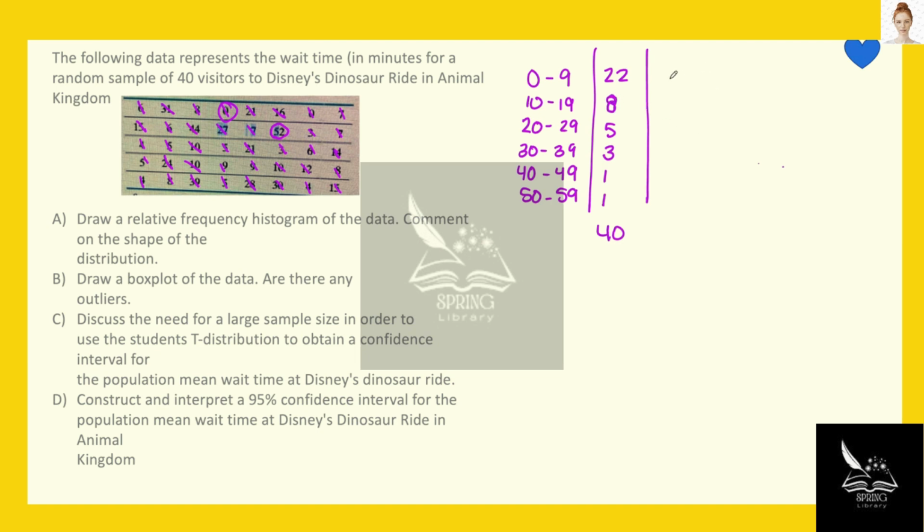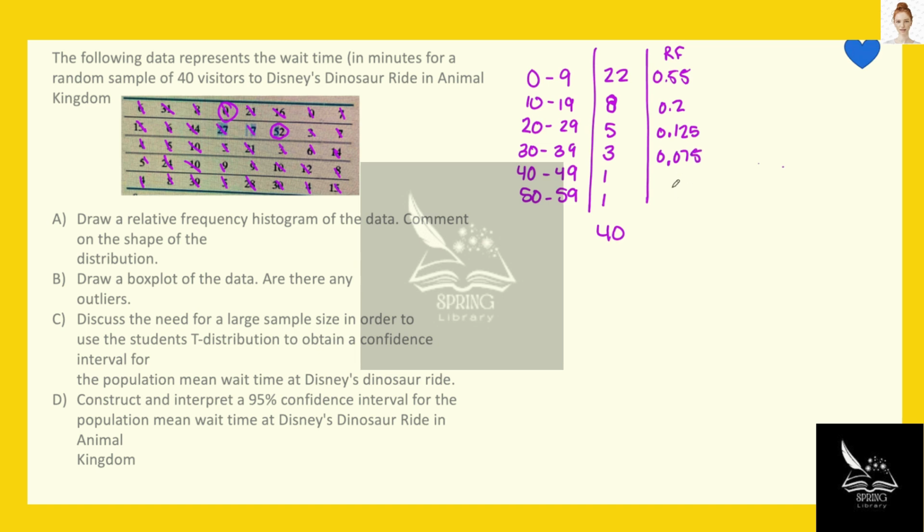All right, so 22 out of 40 is 0.55. Then we have 8 out of 40, which would be 0.2. 5 out of 40 would be 0.125. 3 out of 40 is 0.075.